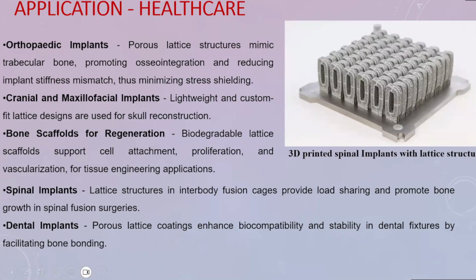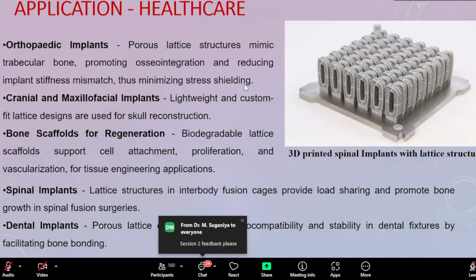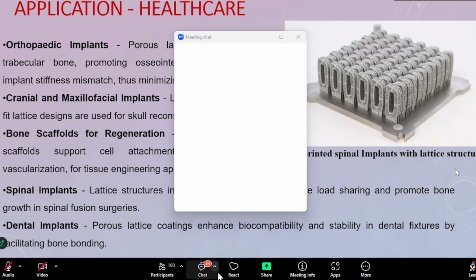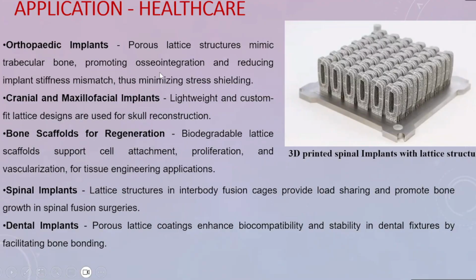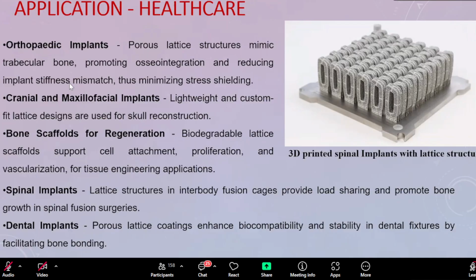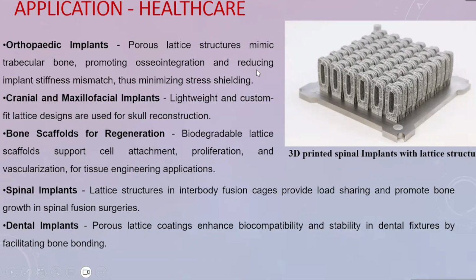For various applications. Apart from that, the main application of lattice structures in healthcare is implants. We can have a range of implants, like orthopedic implants, for better osseointegration and reducing the implant stiffness mismatch. If you print a part completely solid with more stiffness, then the implant will carry more load than the bone, and the adjacent bones may tend to fail more.